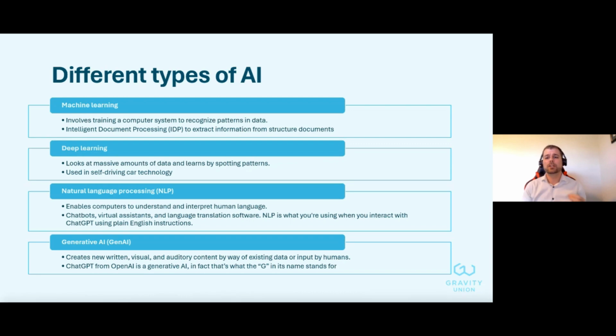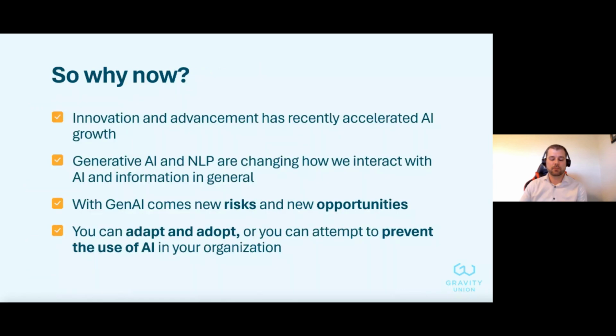So really, Gen AI and NLP is what's really driving a lot of our change, a lot of our innovation here, and also a lot of our concerns and risks that we do have, as well, of course, as opportunities. So why now, right? That innovation and advancement has recently accelerated, right?